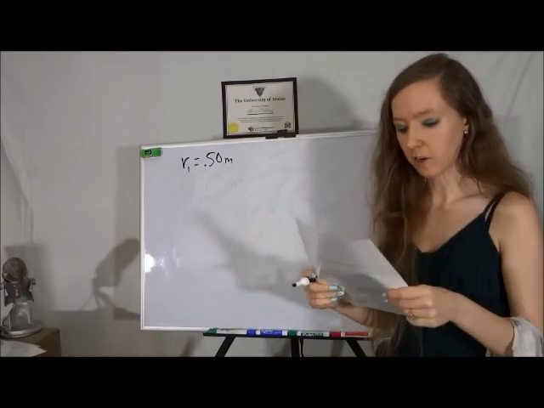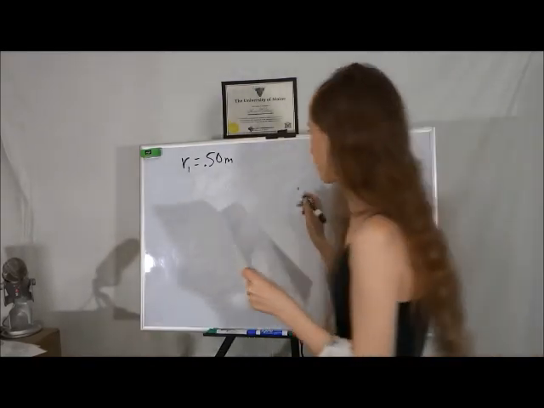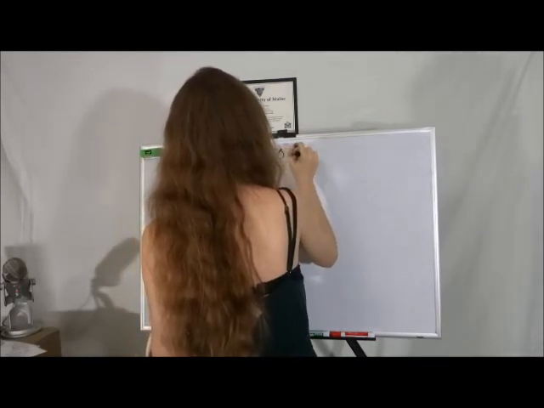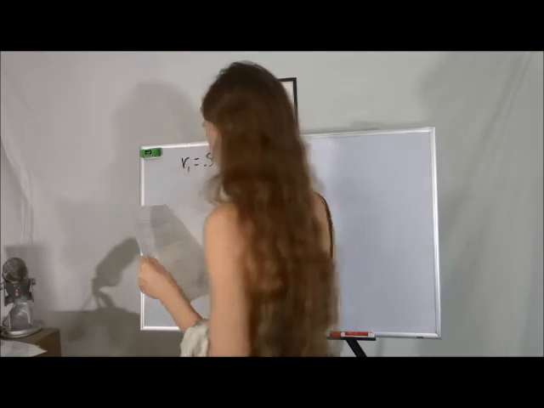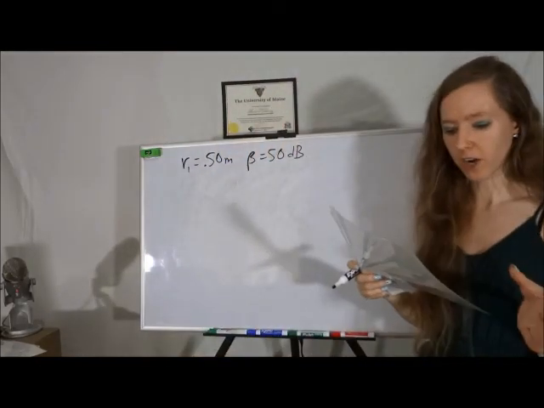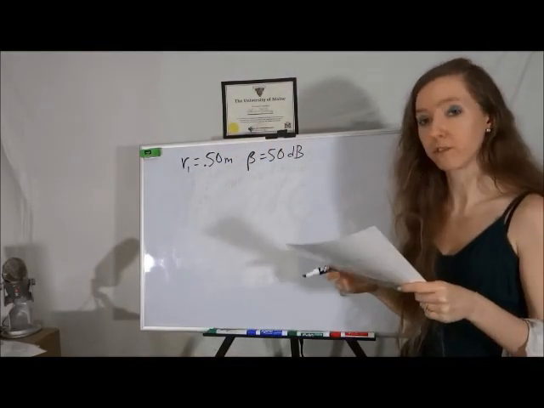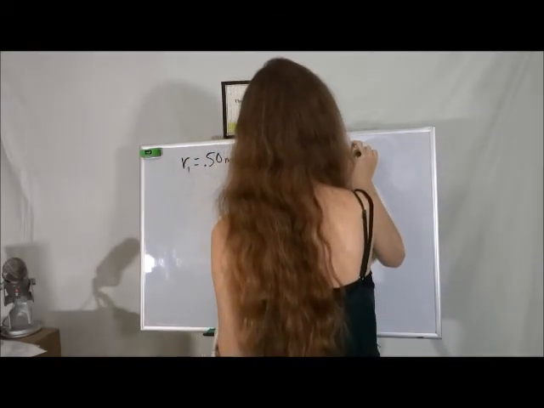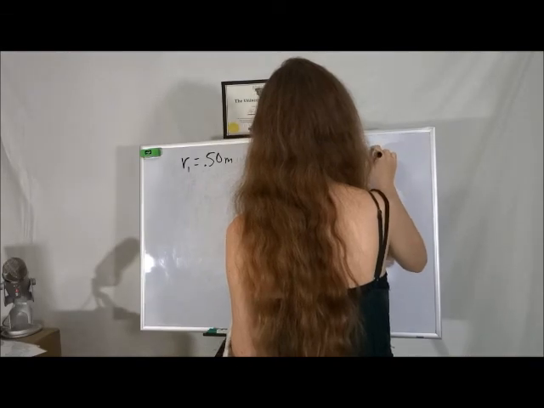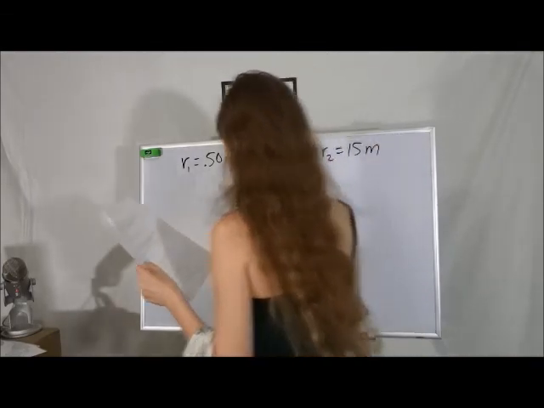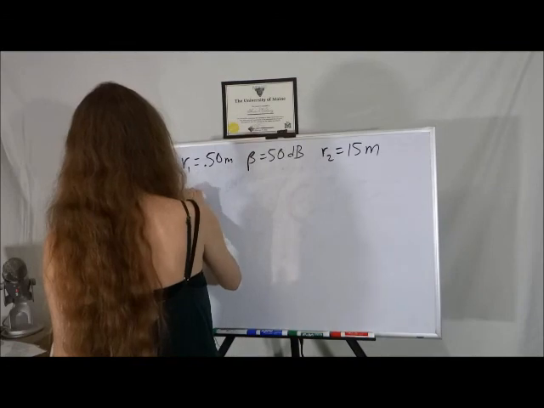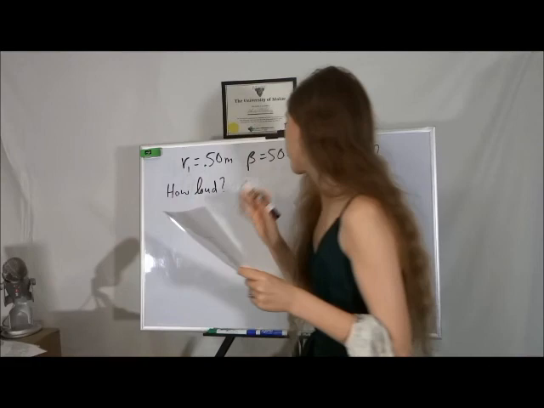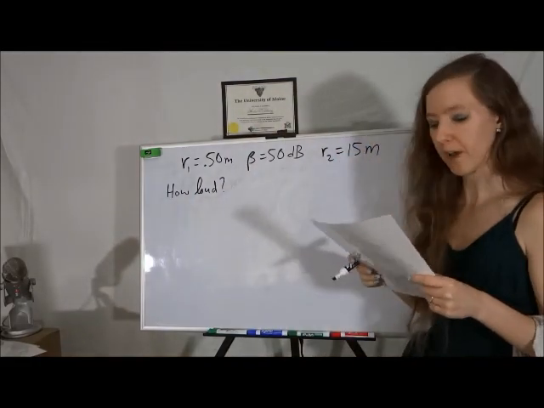And she barks, and her bark is about 50 decibels. How loud would her bark be if she was standing 15 meters away from you? So we want to know how loud would her bark be 15 meters away.